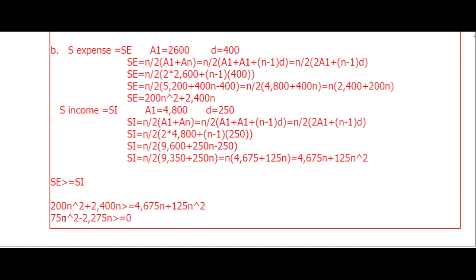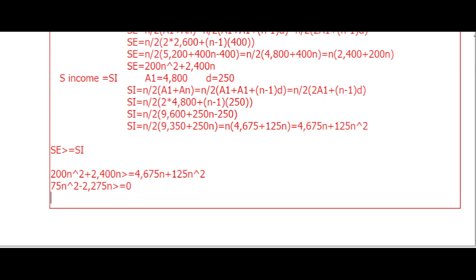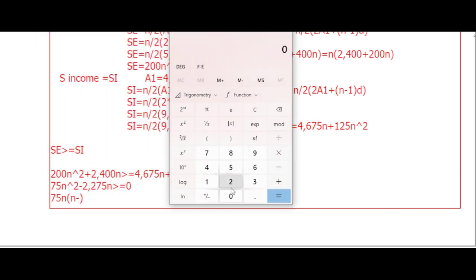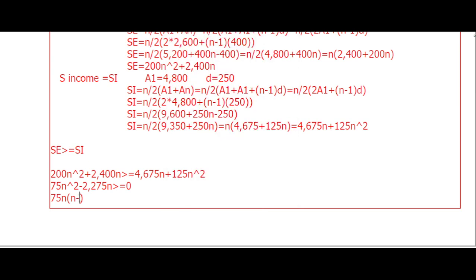Now let's take common 75n. n into n minus, let's divide this by 75. 2,275 divided by 75, which is approximately 30, is equal to 0.